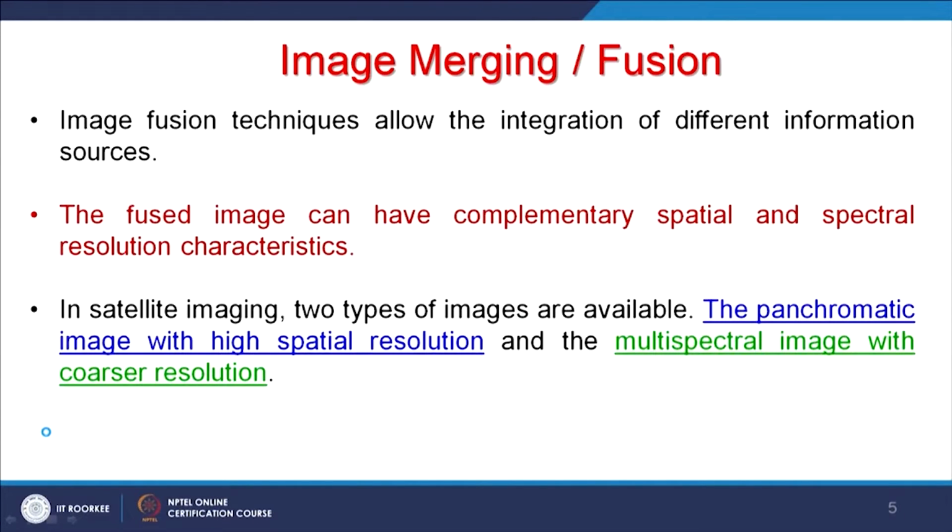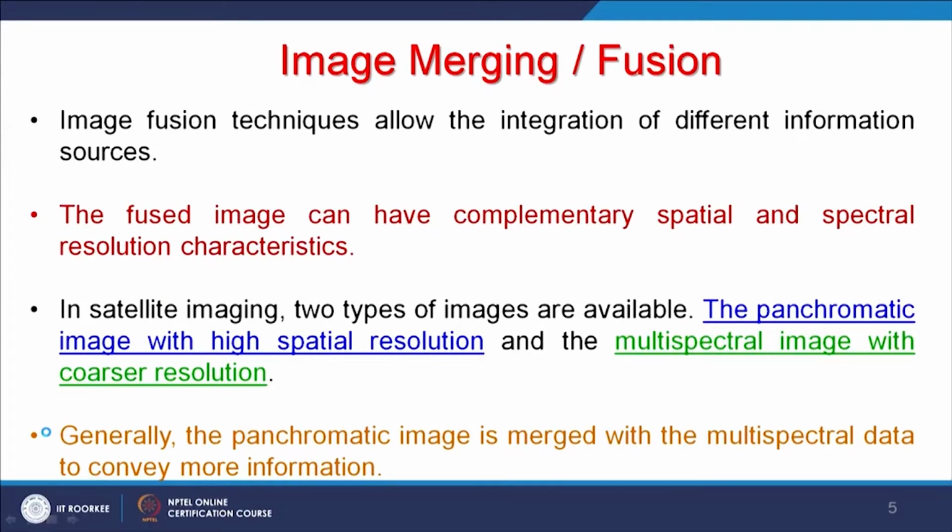Panchromatic, which has become quite common, with high spatial resolution, and multispectral images with relatively coarser resolution. One is panchromatic, that means a black and white image but with high spatial resolution. The other has relatively coarser resolution but is multispectral, that means I can create colored images. So by exploiting this image fusion or image merging technique, I can exploit the best of both, panchromatic as well as multispectral images.